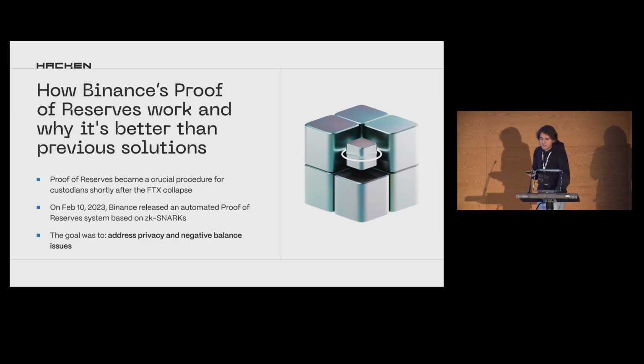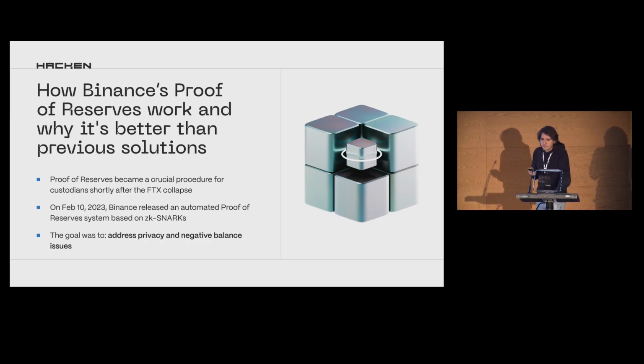After FTX collapsed, everyone started talking about proof of reserves. You probably remember that people were saying Binance doesn't have all the coins they claim, so they needed to figure out something quickly. The solution was to introduce proof of reserves. The first version was quite simple.